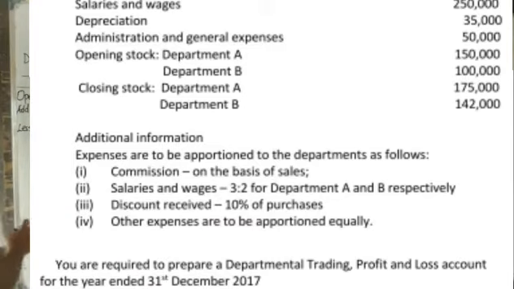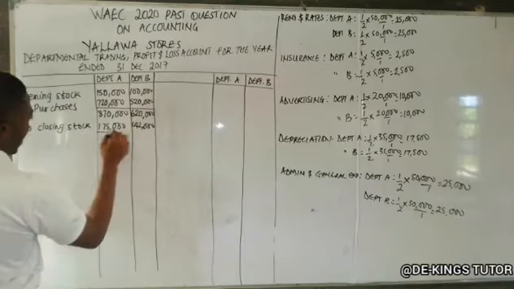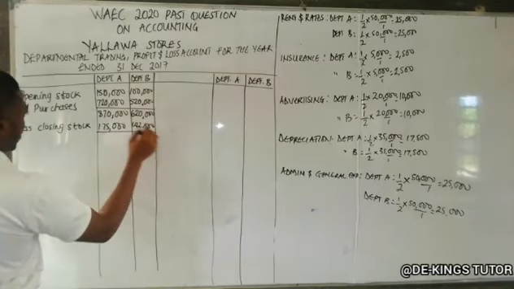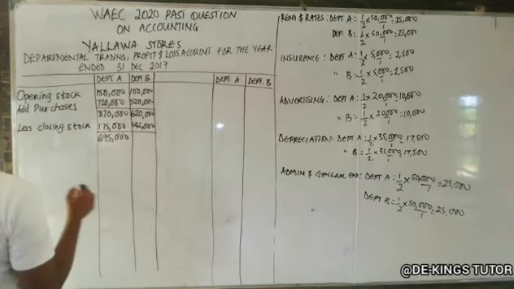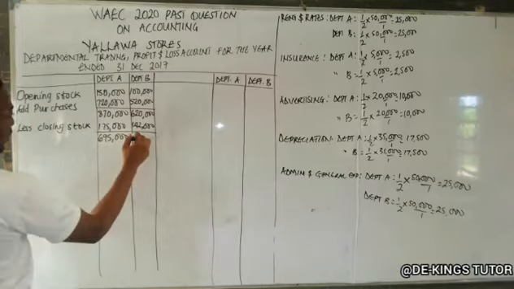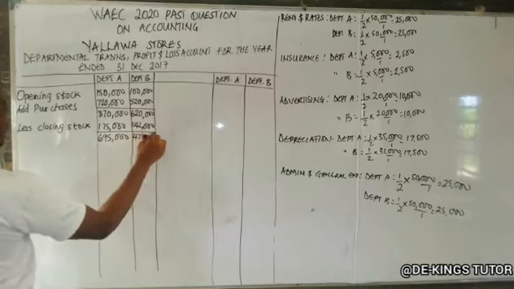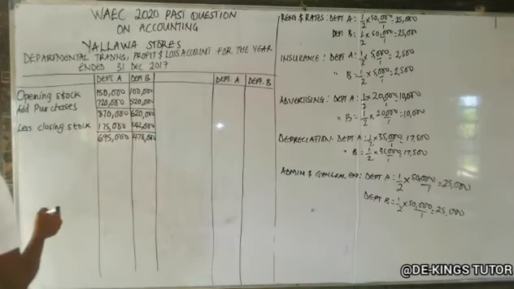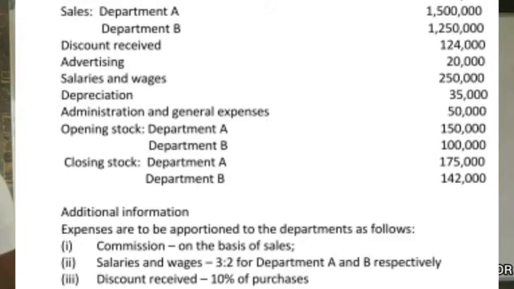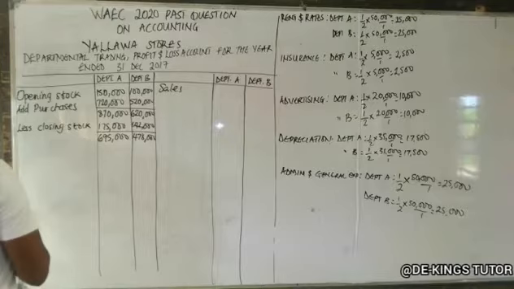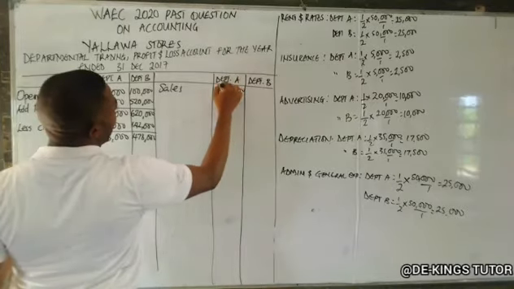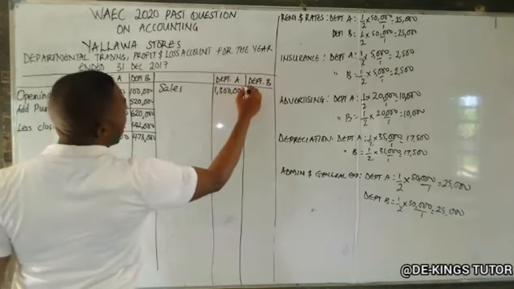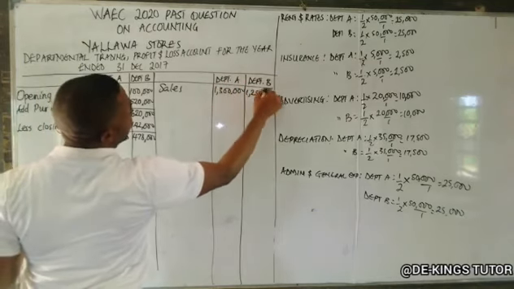Okay, so our credit side is always our sales. So we have Department A as 1.5 million, while Department B is 1,250,000. So this is our cost of goods sold. So our sales minus cost of goods sold gives us our gross profit.